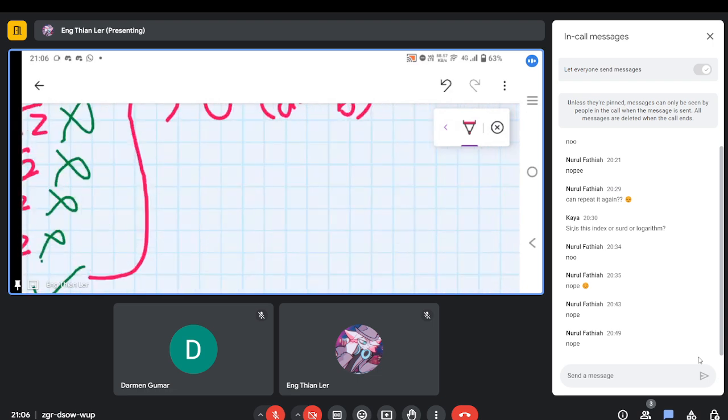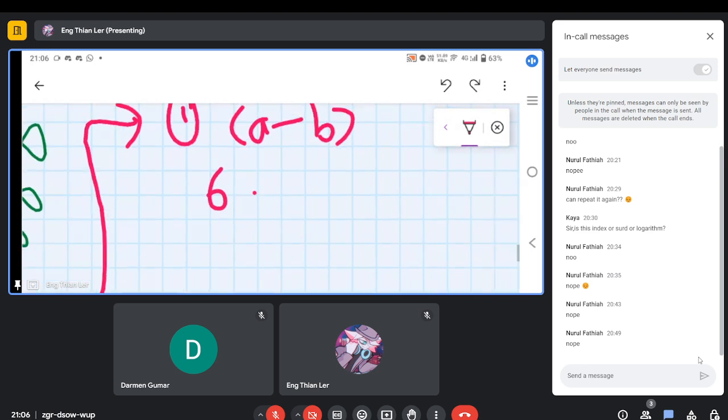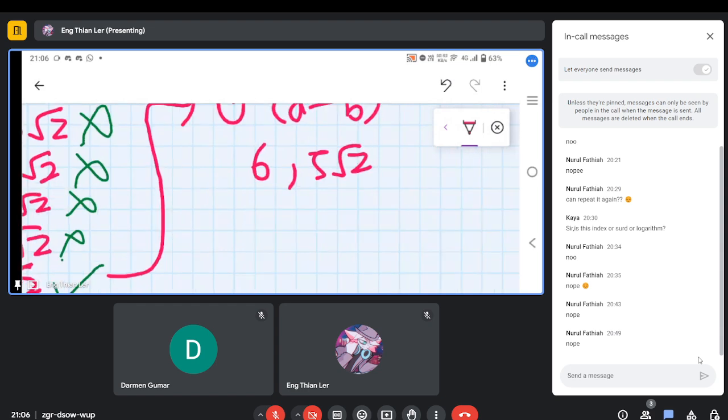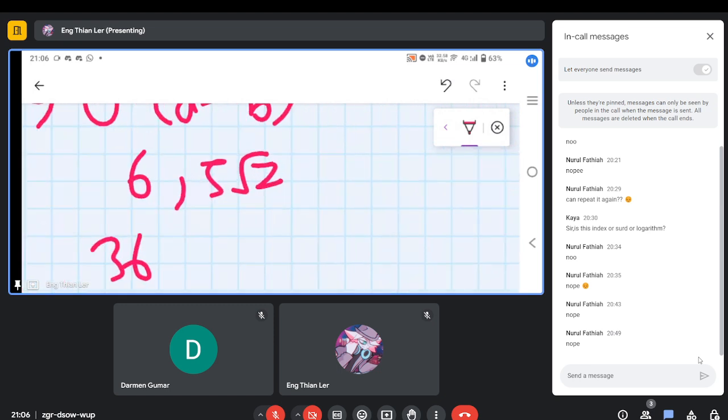So now we have two numbers, 6 and also 5 root 2. So which is greater? We cannot tell, right? But once we square both sides, we actually can tell. When we square the 6, we got 36. When we square 5 root 2, we got 50.